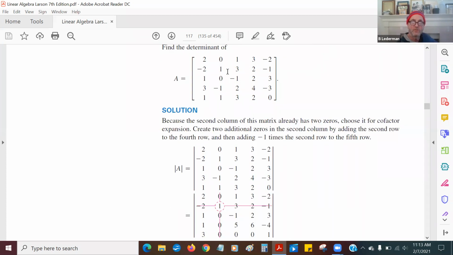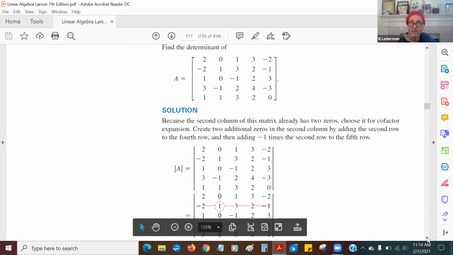So in my greedy stage, I'm going to add the second row onto the fourth row, which by the way doesn't change the determinant at all. I'm also going to add -1 times the second row onto the bottom row, the fifth row.